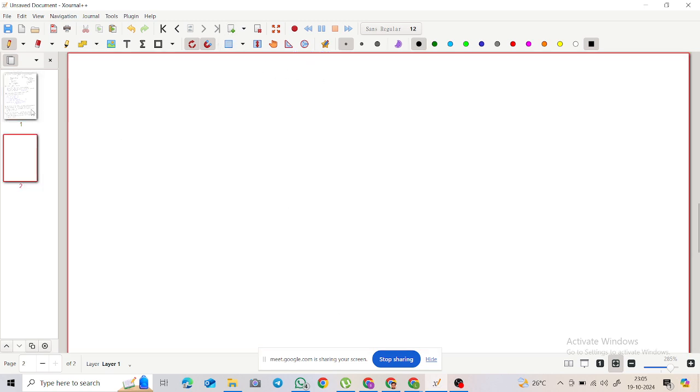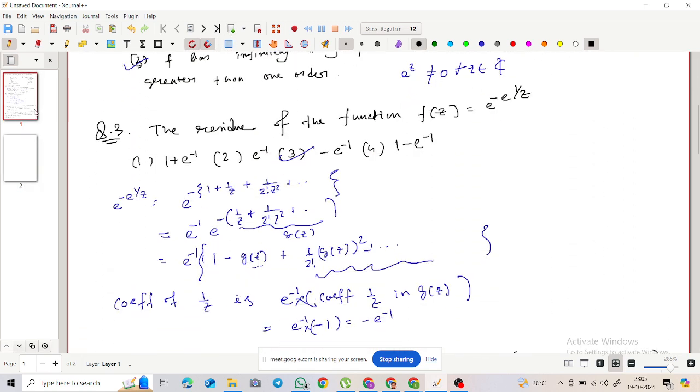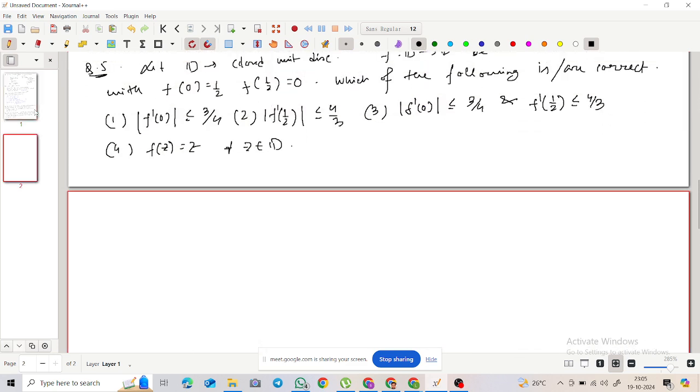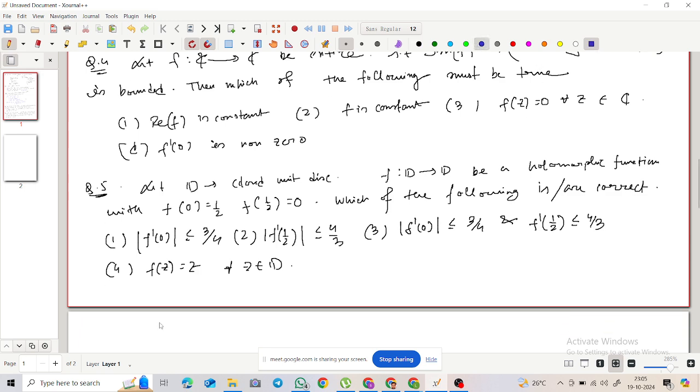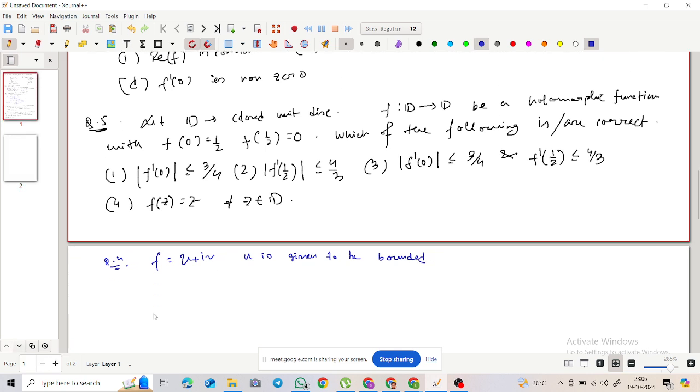So she's saying that for question 4 you take f equals u plus iv, right? And we know that u is bounded. F is entire, so e to the power u plus iv is entire, right?